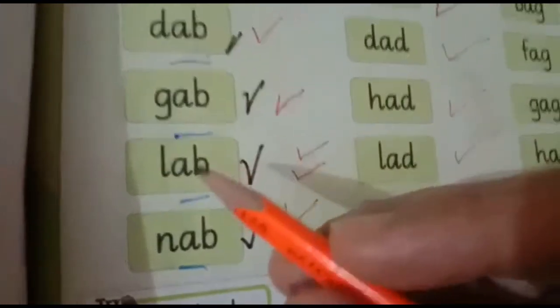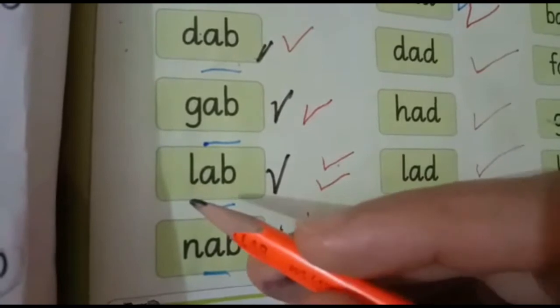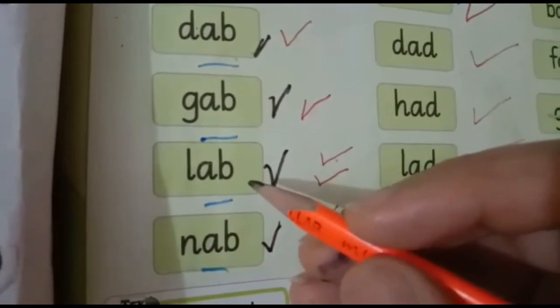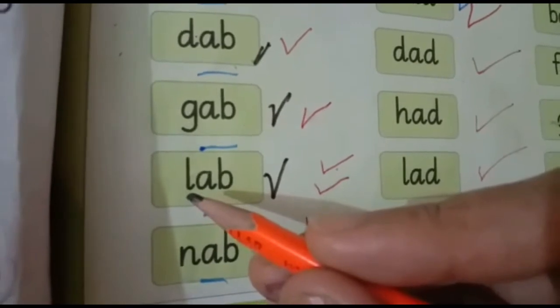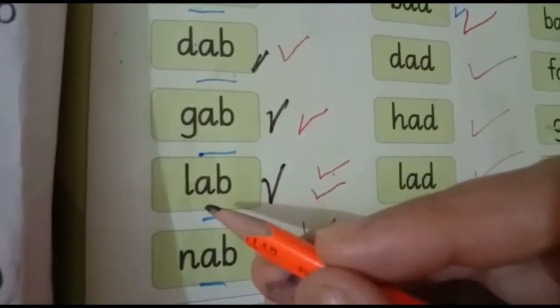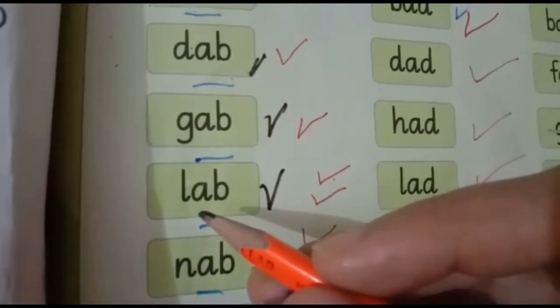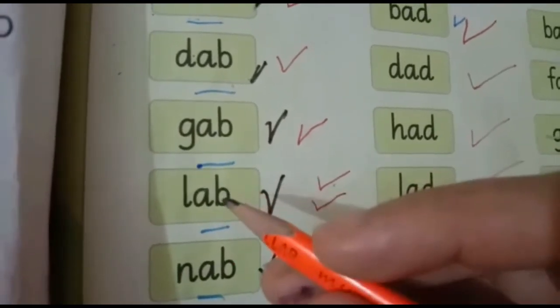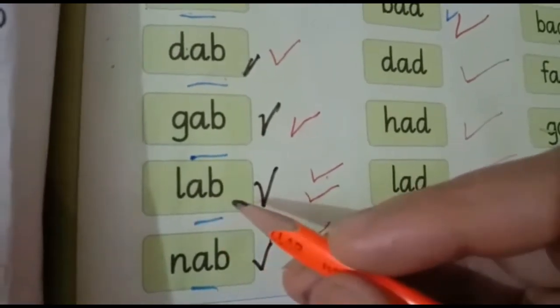Now the next word. For the next word I will read the sounds of these letters one by one. L, A, B. Now I will use the blending method to read this word.